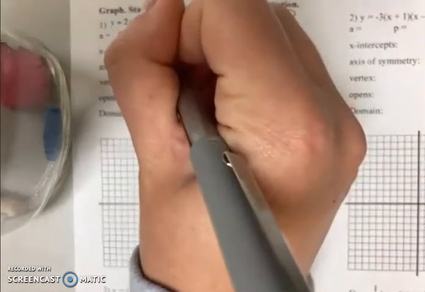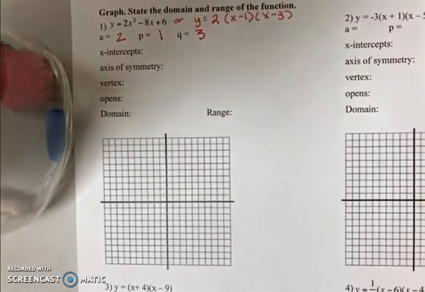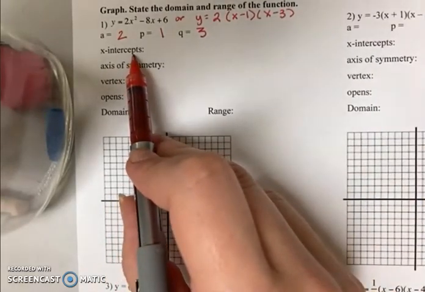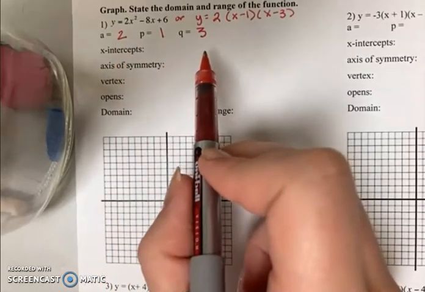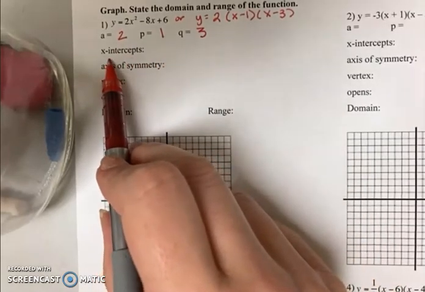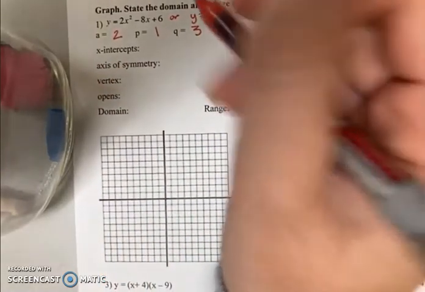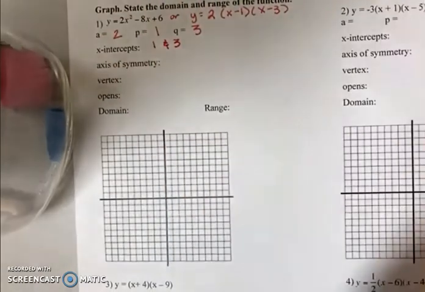P would be a positive 1, and Q would be a positive 3. Now I want to identify all this information using A, P, and Q. So the first thing I want to know is, what are the x-intercepts? Well, the x-intercepts are P and Q, so that would be at 1 and 3.